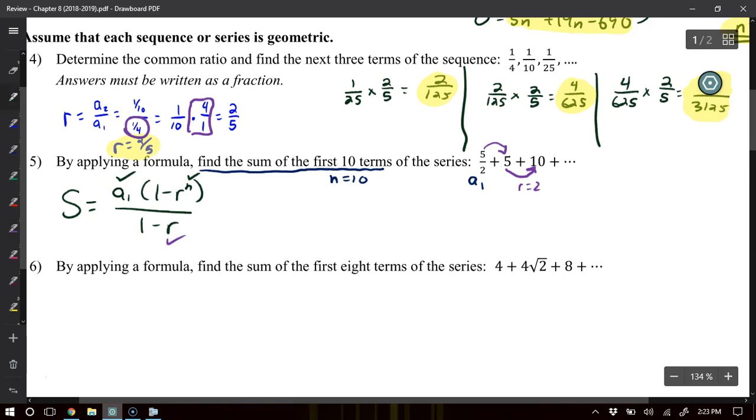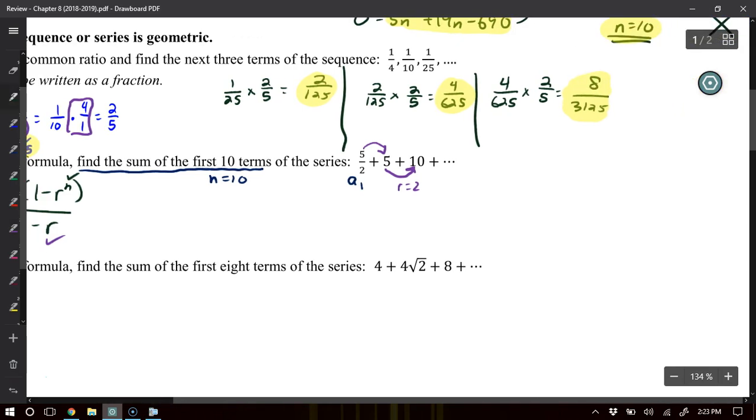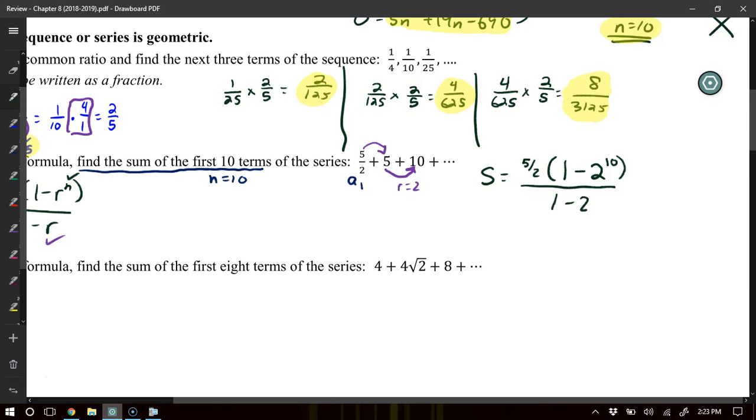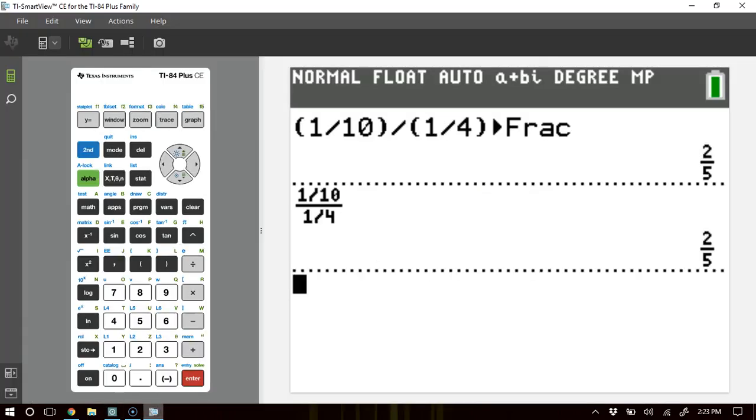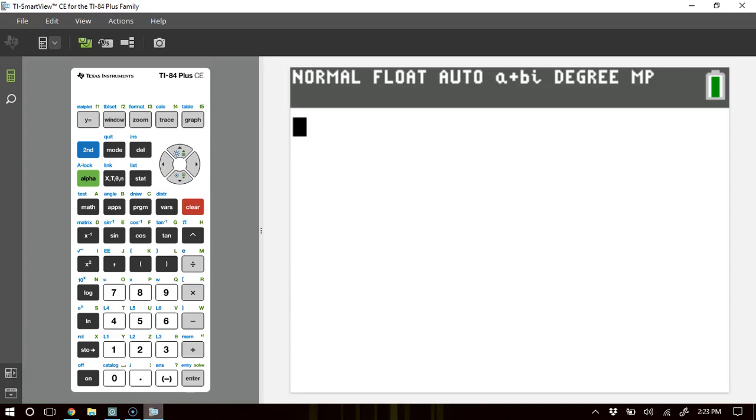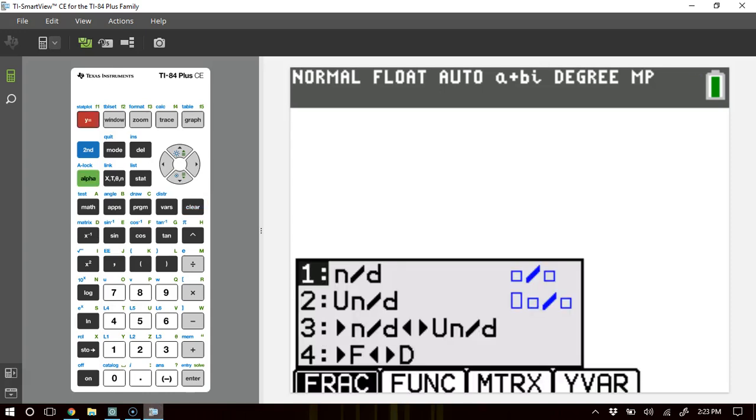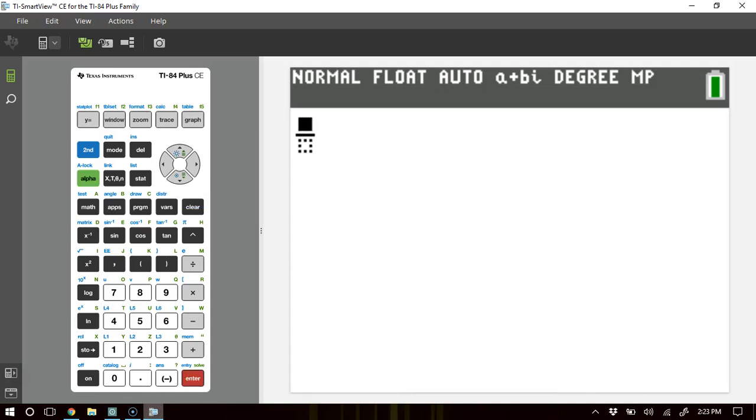So I'm going to write down, over here, 5 halves. So my sum equals A1, so 5 halves, parentheses, 1 minus R, so 1 minus 2, to the n power 10, over 1 minus 2. Now, personally, I could go right to my calculator for this. I know the bottom is going to be -1, but I'm going to use my alpha y equals and hit the fraction, and type it in.